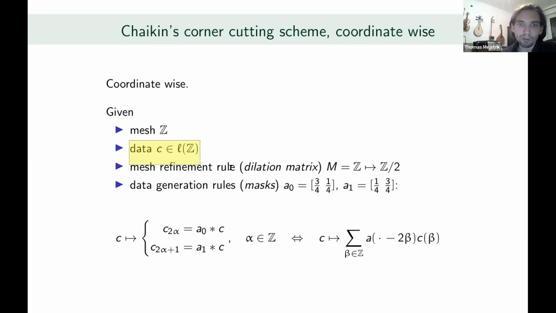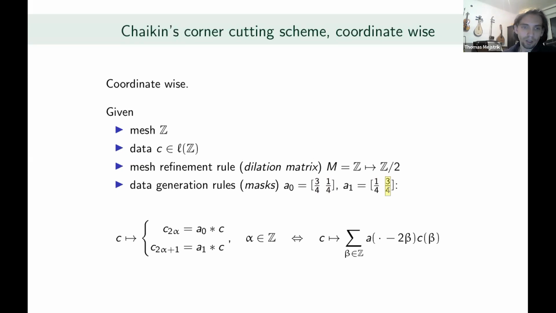And then we need a rule how to introduce new points, so how to refine our mesh on which the data lives. And then we need a rule how to compute the new points. This is, in the corner cutting scheme, we take 3/4 of the left and 1/4 of the right point, and for the other set of points, vice versa, 1/4 of the left and 3/4 of the right point.